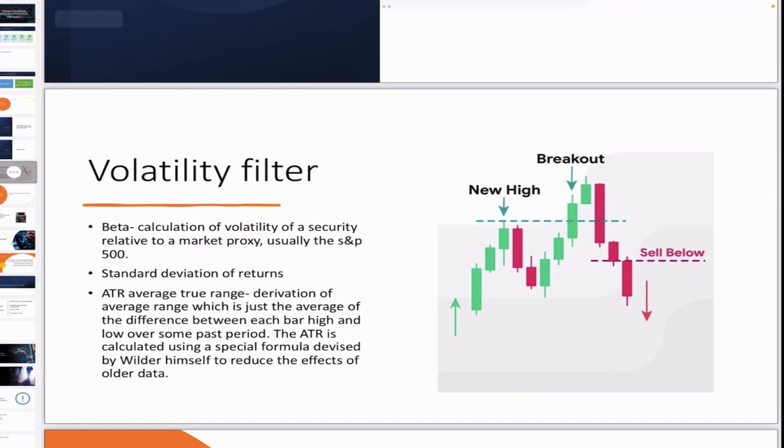Now when we talk about the volatility filter, what do you think by volatile? Volatile in nature. If you need to trade in a stock, I'm not talking about investing right now, I'm talking about day trading or swing trading, you need movements in price, right? If there are no price movements, then you will not be able to trade in it. You need it to be volatile in nature.